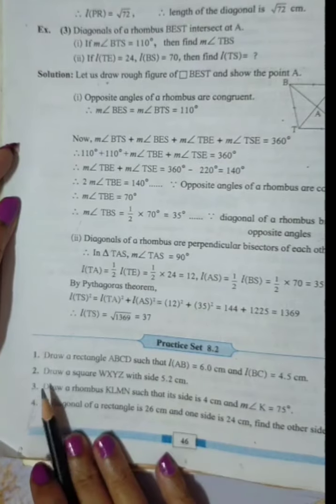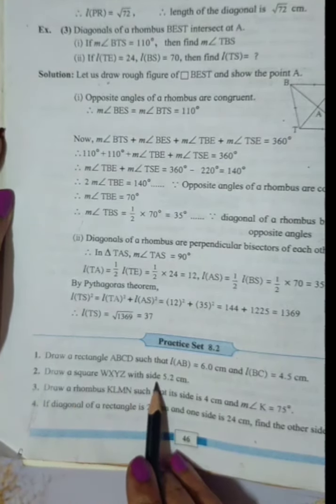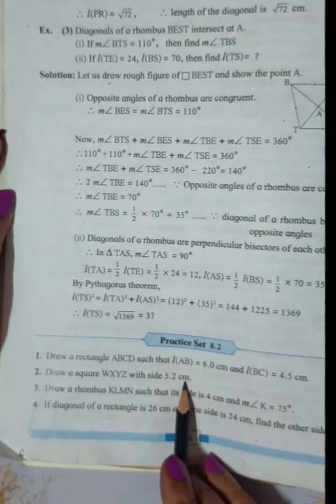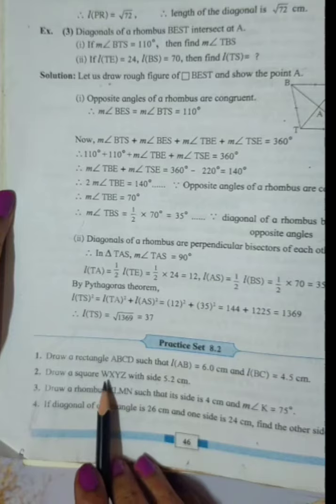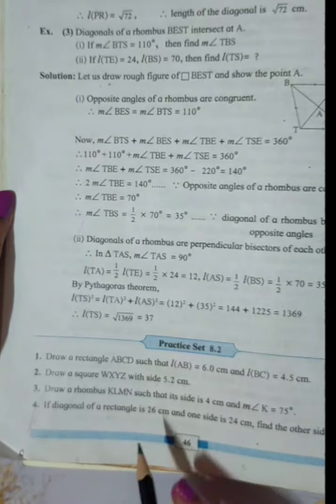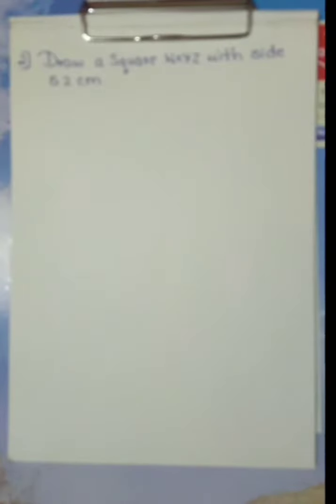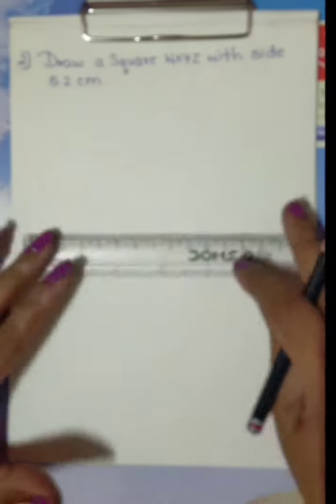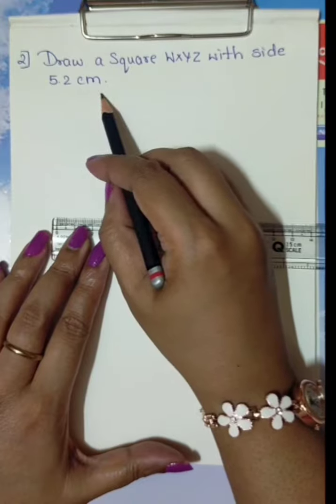Now second sum is given, draw a square WXYZ with side 5.2 centimeter. Okay, here we have to draw square of WXYZ, name given, with side 5.2 centimeter. Now we are going to draw what is given. Sides are given 5.2 centimeter.